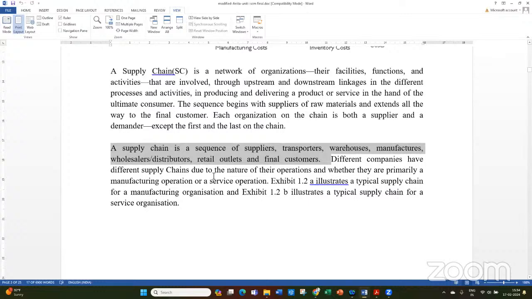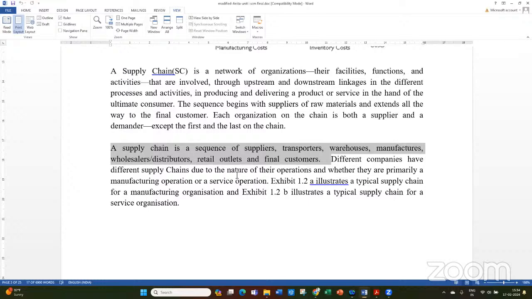Different companies have different supply chains, with different parts and different stakeholders, depending on the nature of the supply operation. Suppose it's a service supply chain, like Walmart's supply chain. They get from the suppliers and distribute directly to different customers.